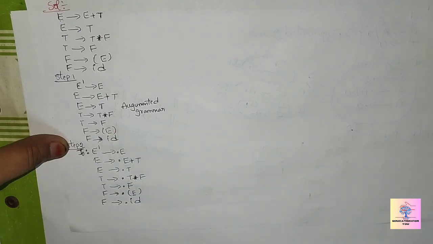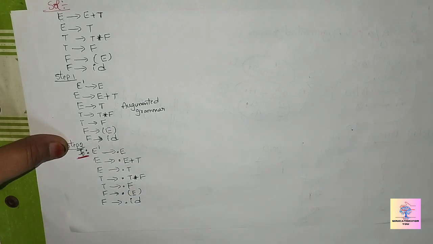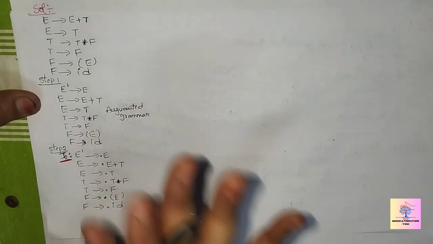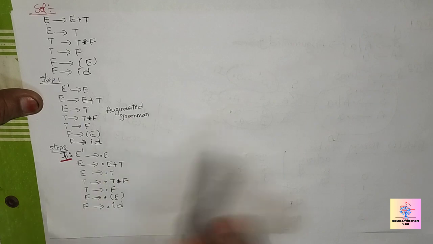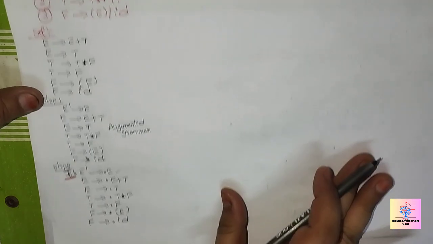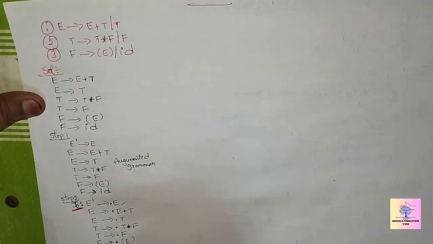Let us take this as the I0 state. Now what is your aim here? You have to shift all these dots to the end of the right hand side. The next step is called the go to step.